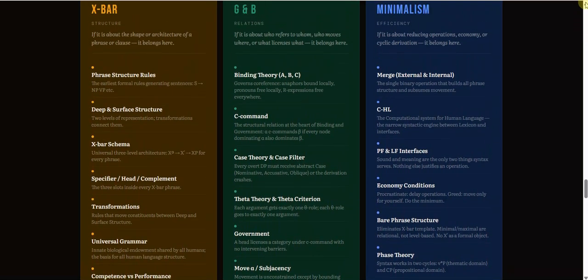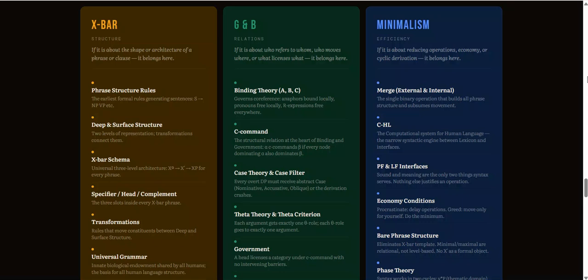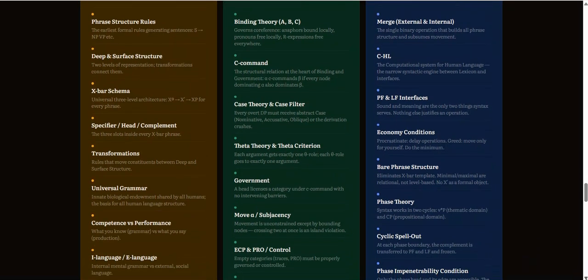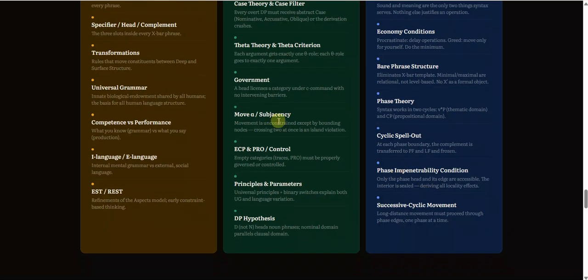Now let's look at GB, which concepts are in GB. First is binding theory, then C-command, then case and filter theory, then theta theory, then government.